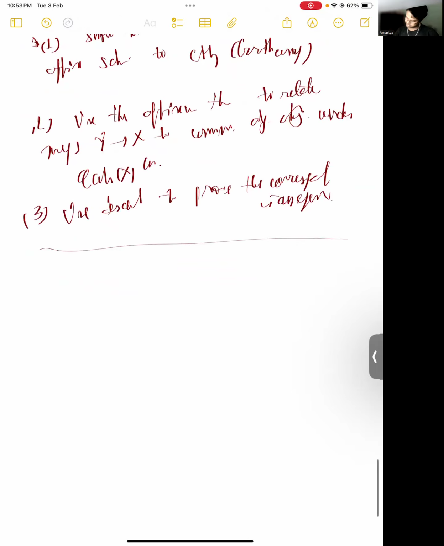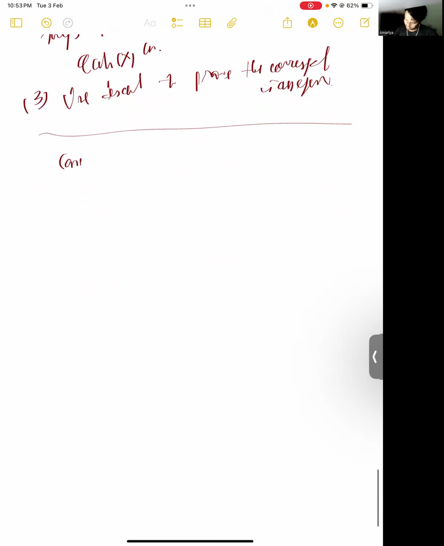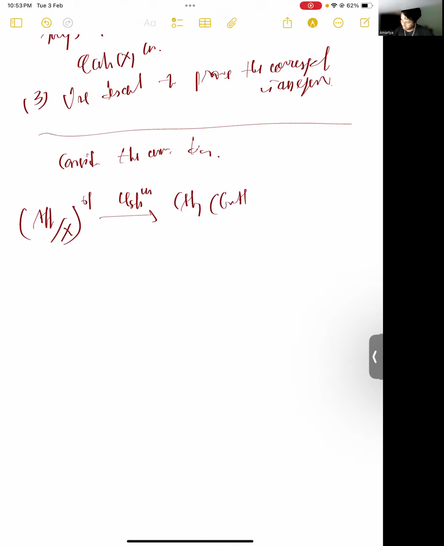Okay, let's move on. Consider the commutative diagram over X. This goes Q-comp CN to CAlg Grothendieck-comp mod.